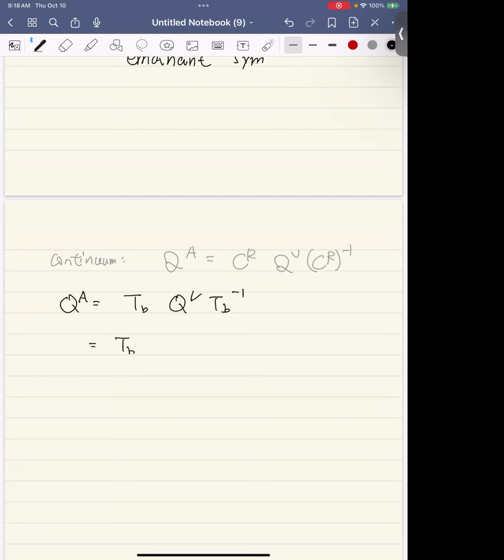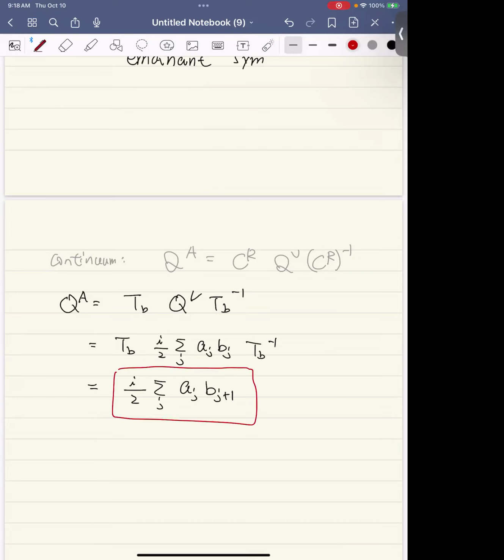Let me write Q_V in terms of the real fermions. With one line of algebra, you can show that it's just a sum over a_j, b_j. And therefore, the axial symmetry is this.